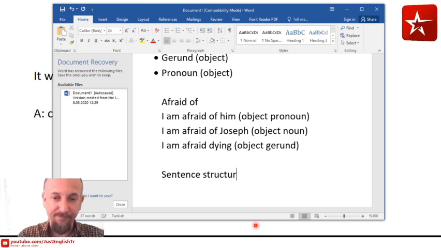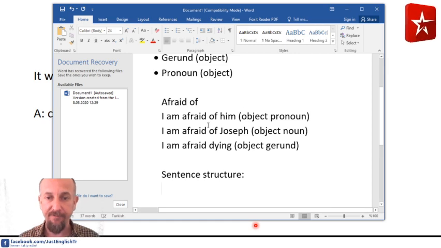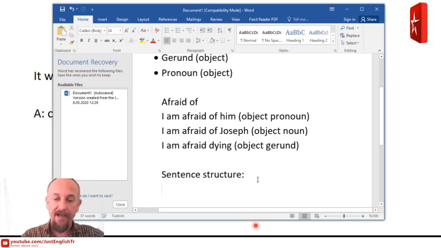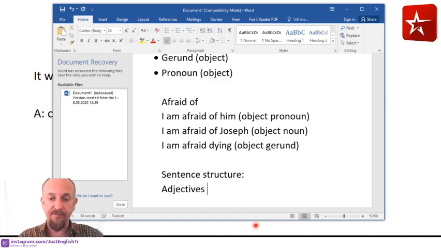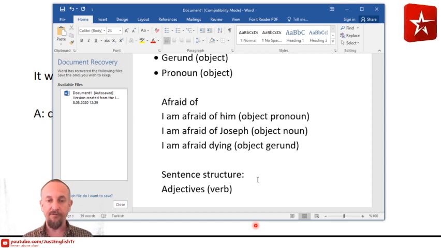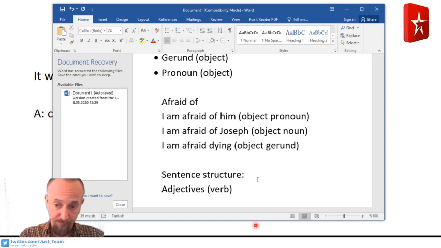So another one, we know that prepositions have to be followed by objects, and they have to be followed by object noun or object pronoun or object gerund. With adjectives, if we want to use a verb form here, then we use the infinitive.